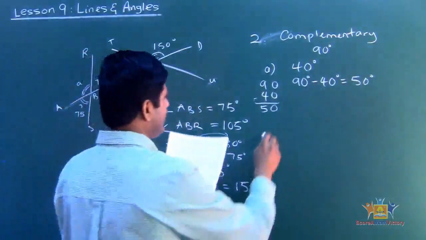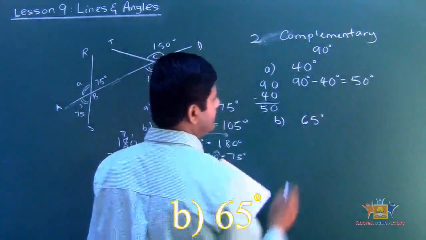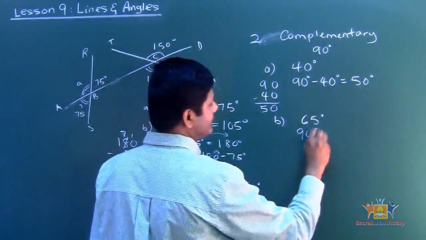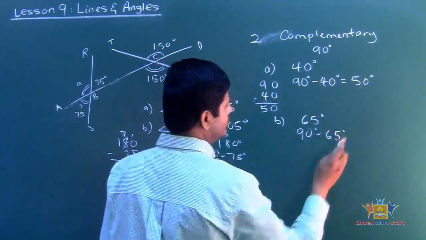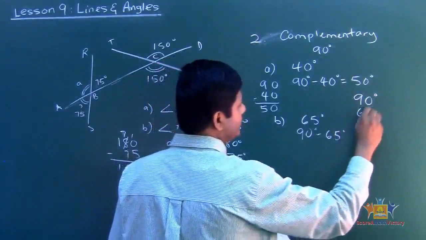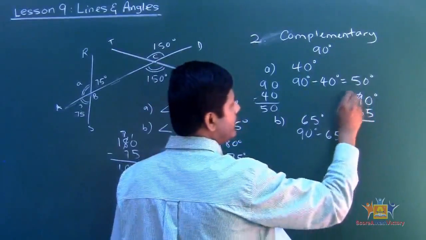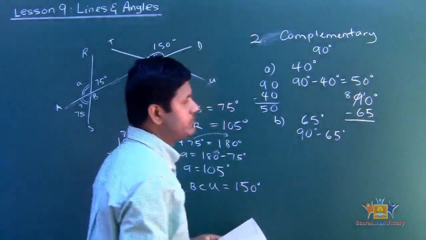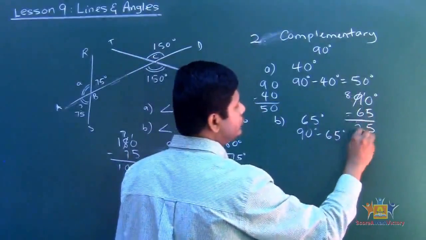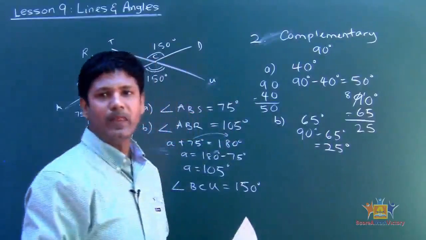Let's look at B. We're given 65 degrees. Again, 90 minus 65. 0 minus 5, you cannot borrow from 9. 9 becomes 8, 0 becomes 10. 10 minus 5 is 5. 8 minus 6 is 2. So that gives me 25 degrees.